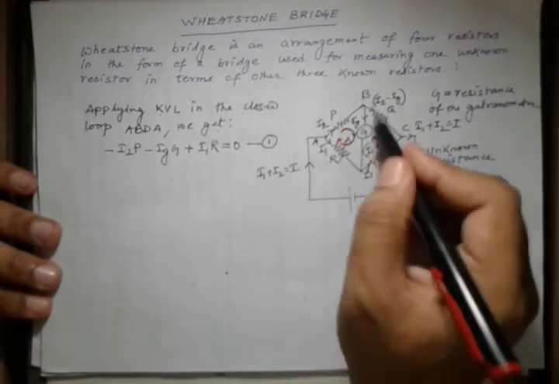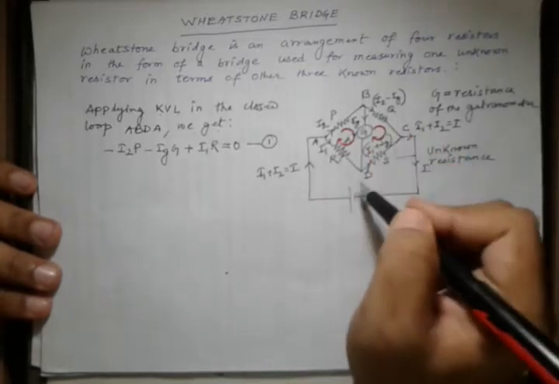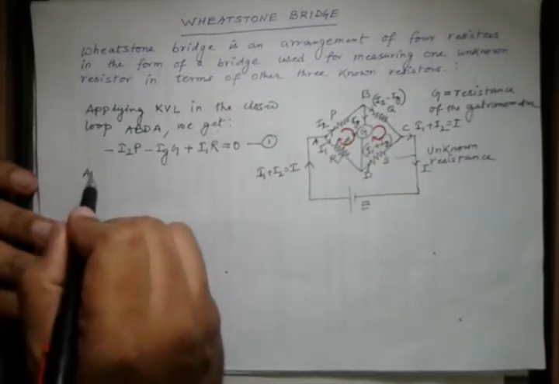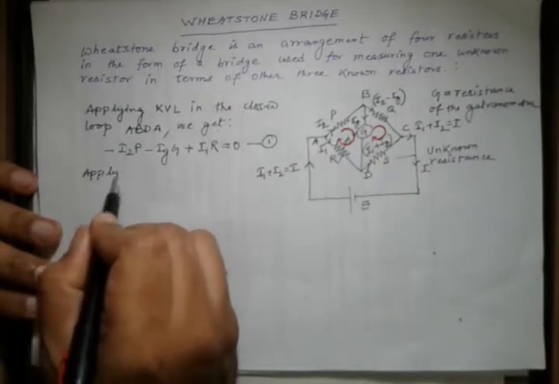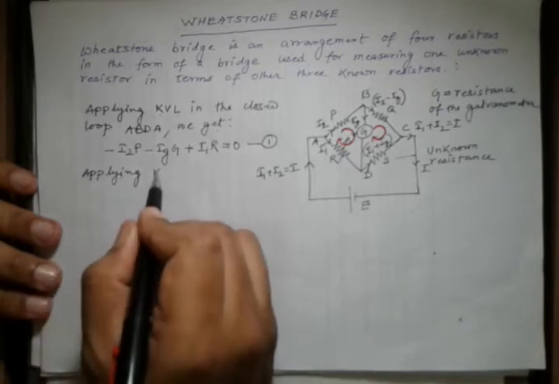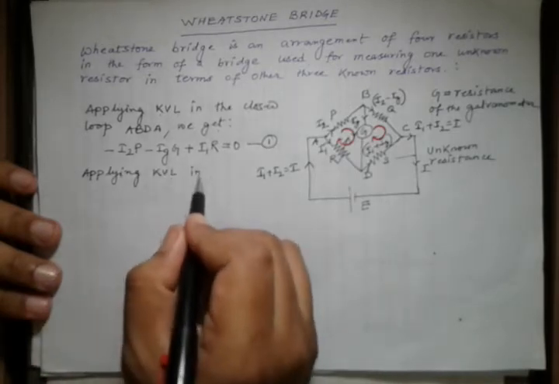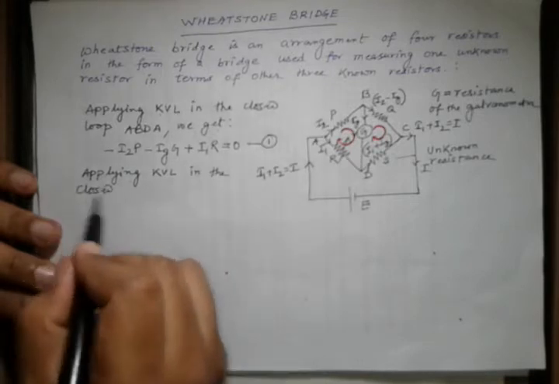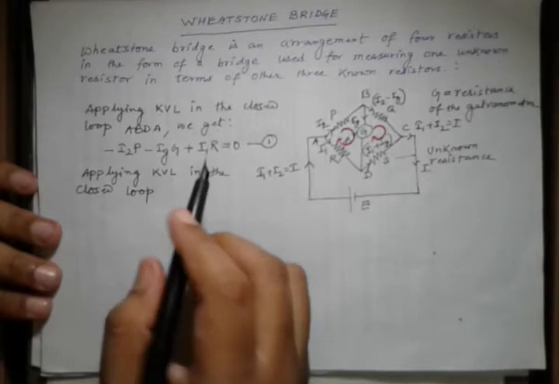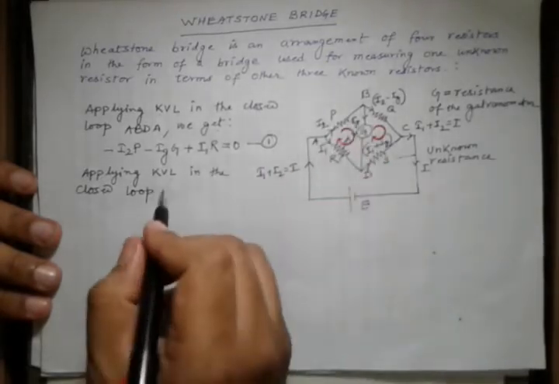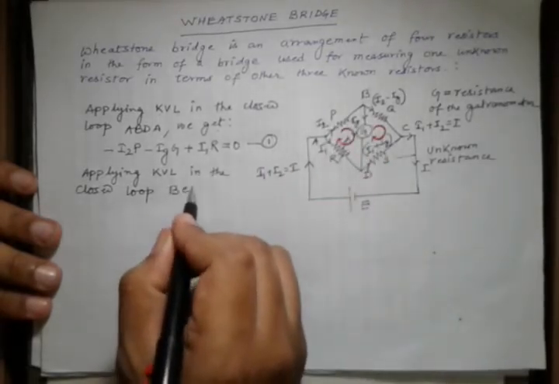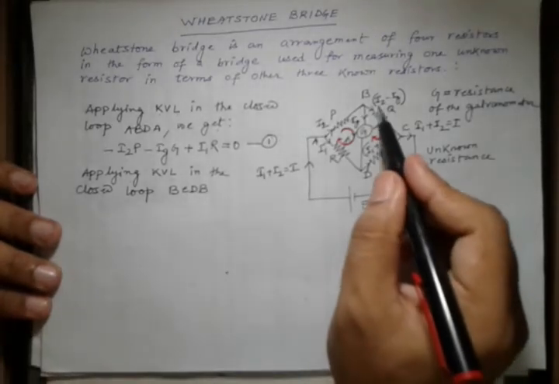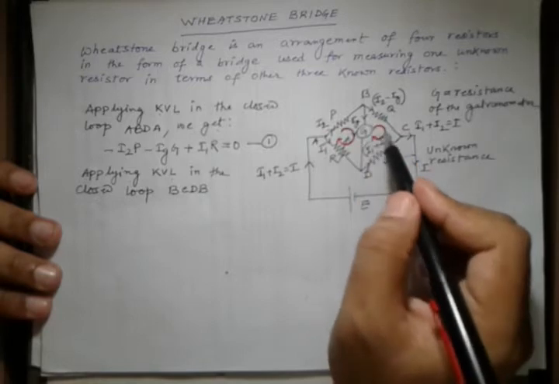Now we will apply KVL in the loop B, C, D, B. See, same thing here: I2 minus Ig is going in this direction and the loop is also going in the same direction.